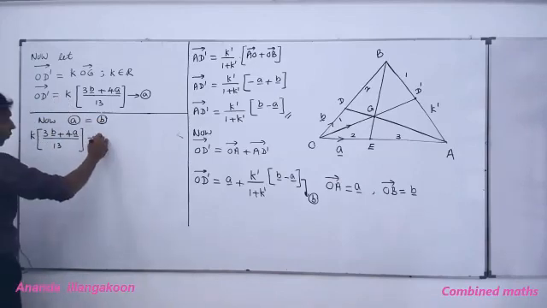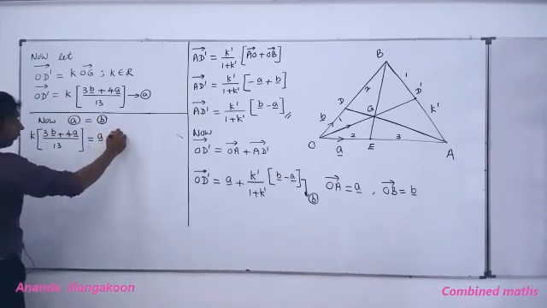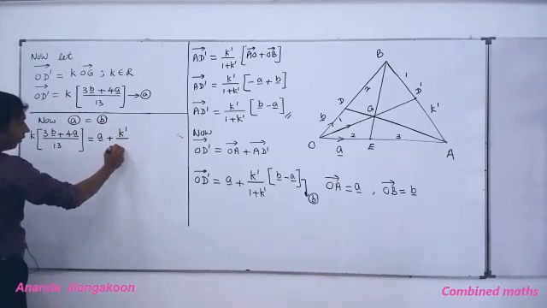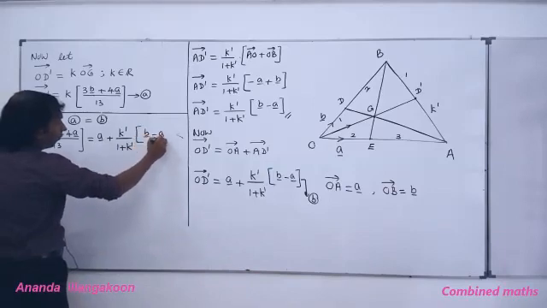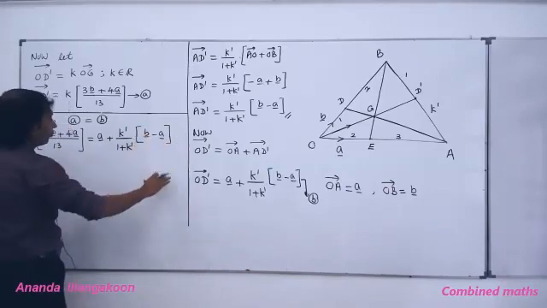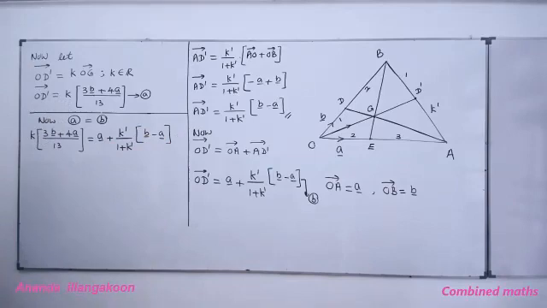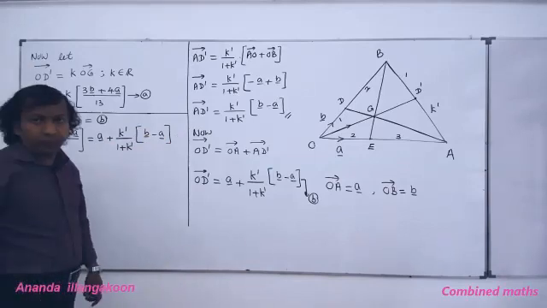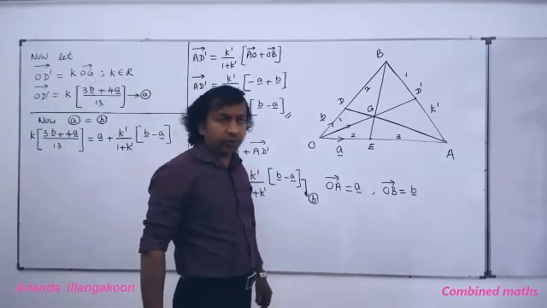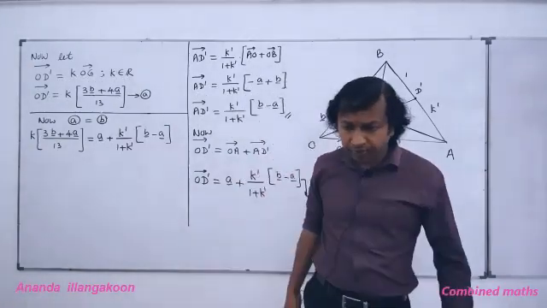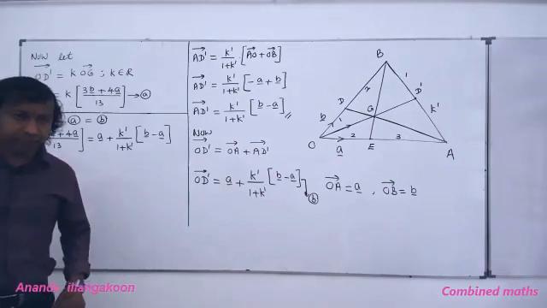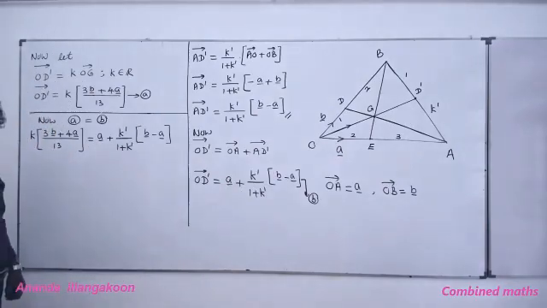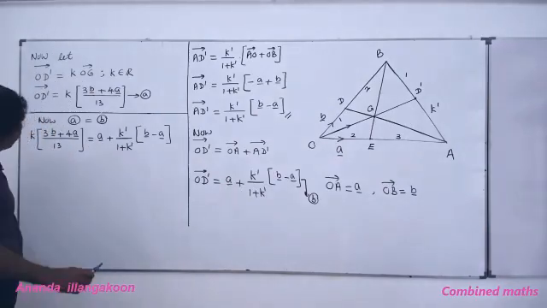Equation B is vector A plus K' divided by 1 plus K' times (B minus A). Now, on the left and right, equate the coefficients of A and B. They obtain two equations involving K and K'.